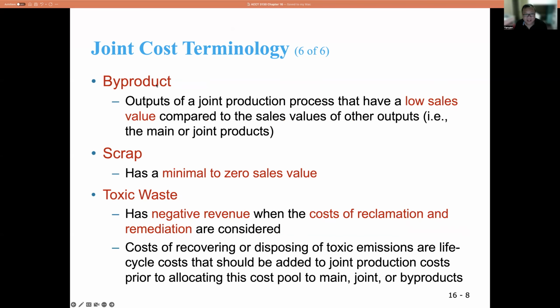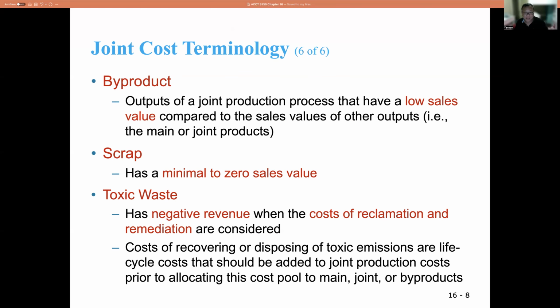What's a byproduct? You have a main product, the thing you really want, but the process also yields another product that has a relatively low sales value. That's called a byproduct. Scrap would be something that has minimum to zero value. And toxic waste is even worse.